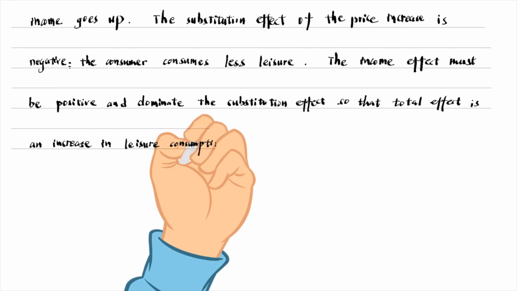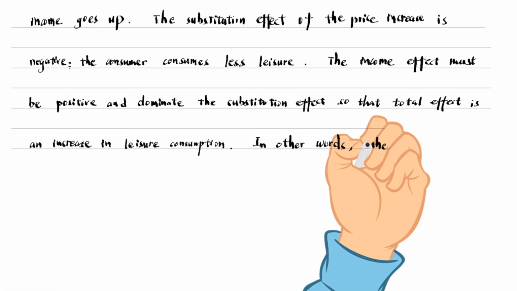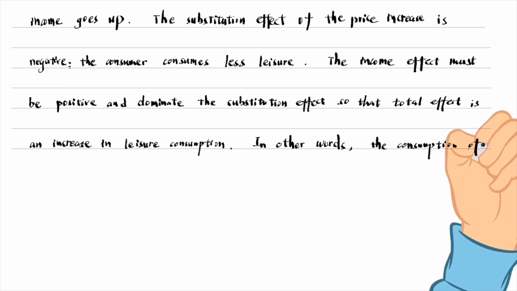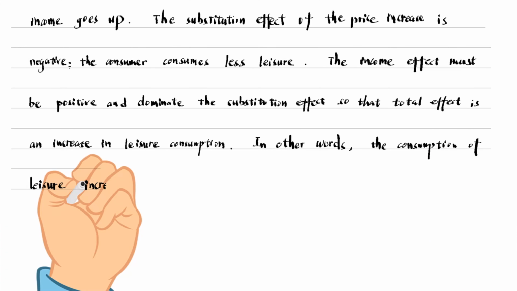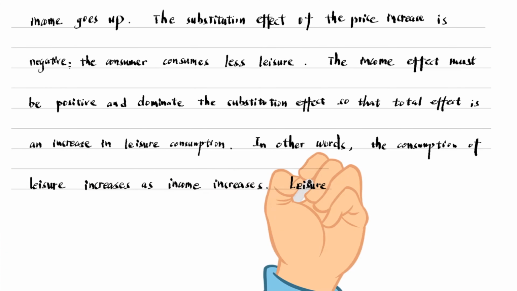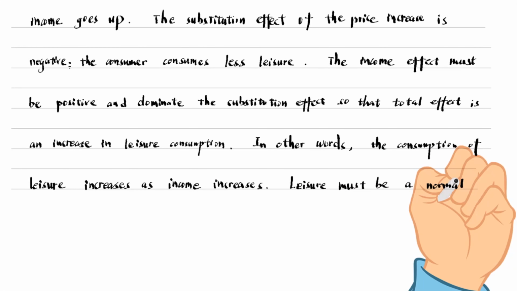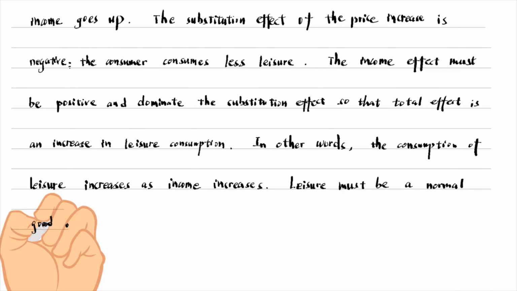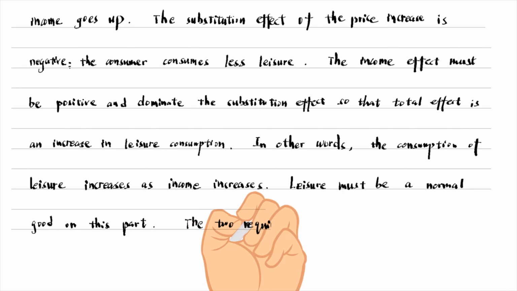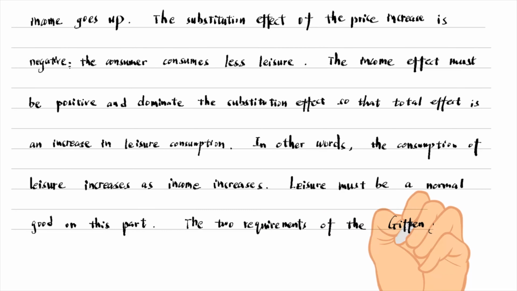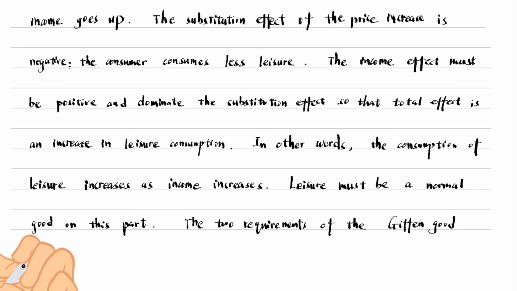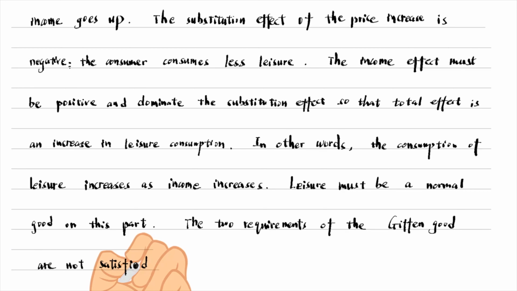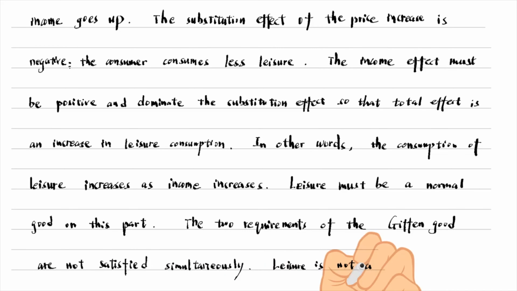In other words, the consumption of leisure increases as income increases. Leisure must be a normal good on this part. The two requirements of the Giffen good are not satisfied simultaneously. Leisure is not a Giffen good.